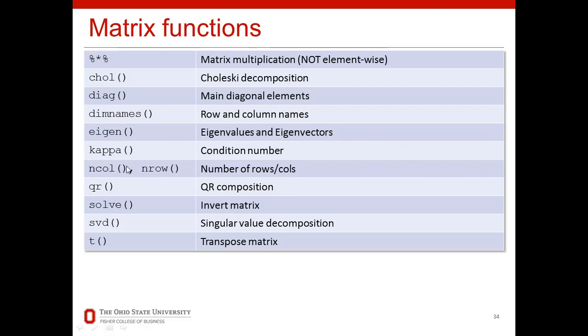Number of rows, number of columns, or there's a dim function that we can use for that. The solve function is quite common because that's how you invert a matrix. You don't raise it to the -1 power. You actually use the function solve. We'll see that later on in the class, and I'm sure you'll see it in future courses. And transpose, switching the rows and columns.